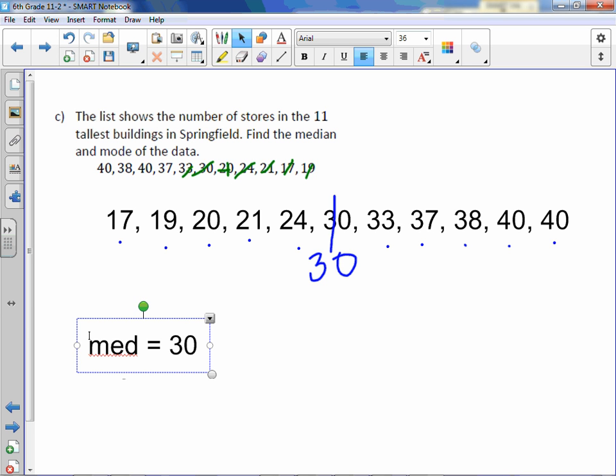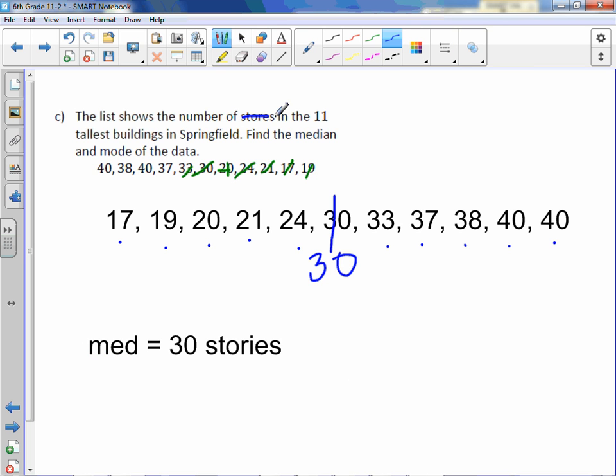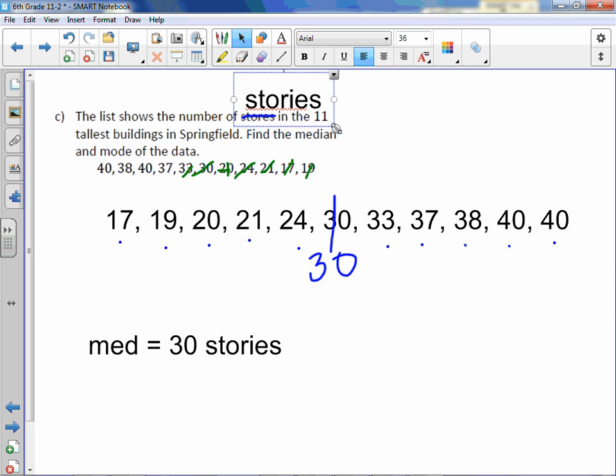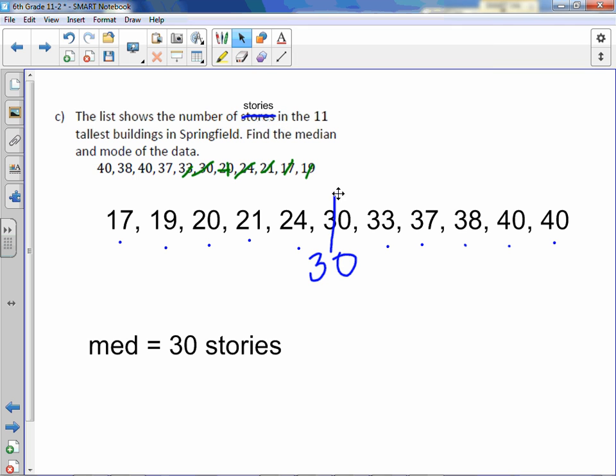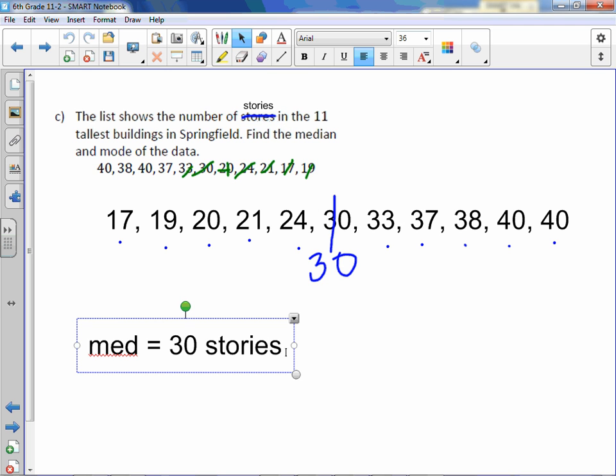And we don't exactly know what the measurement is, so we'll say stories. Actually, there's a typo there. 30 stories. So let's change that before it's any more confusing. That should say stories. Okay. So 30 stories is the median.